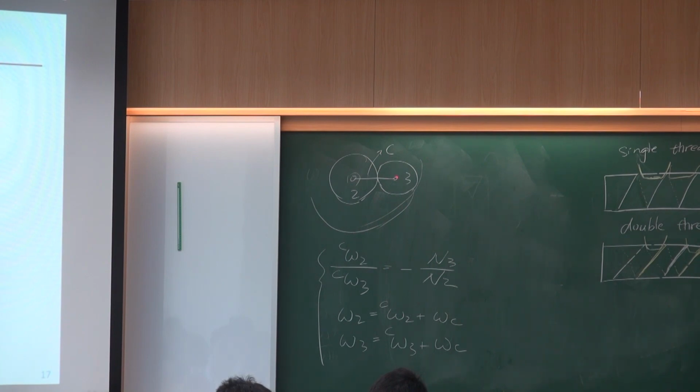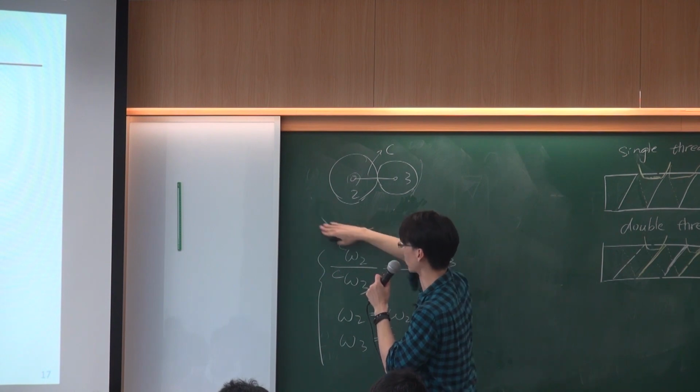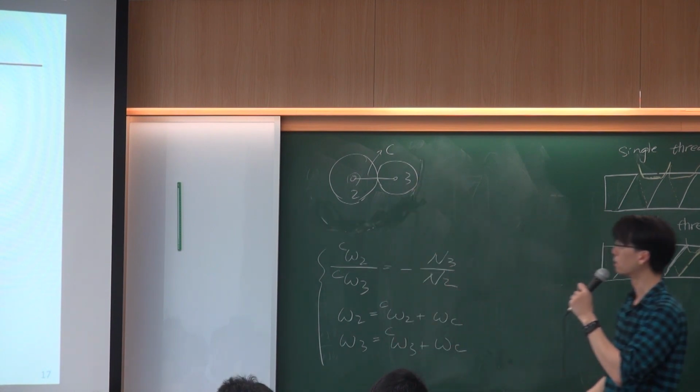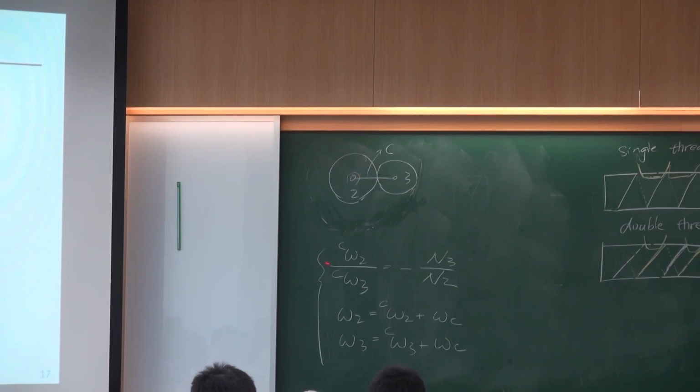If c is not moving, you can ignore the ring gear for now. Just look at these two. If an arm is fixed, then the speed ratio is just n3 over n2. But this one is a relative speed.